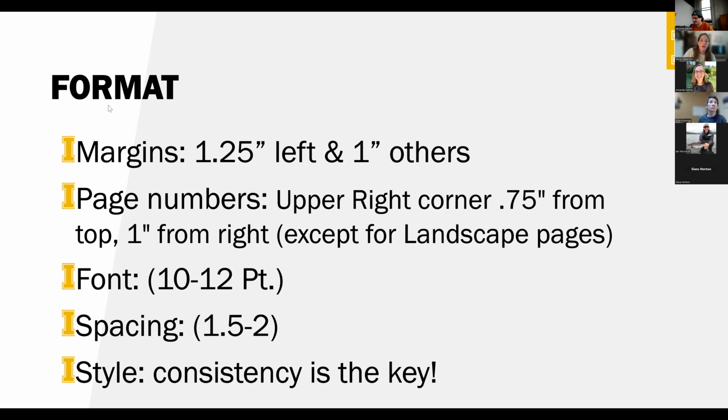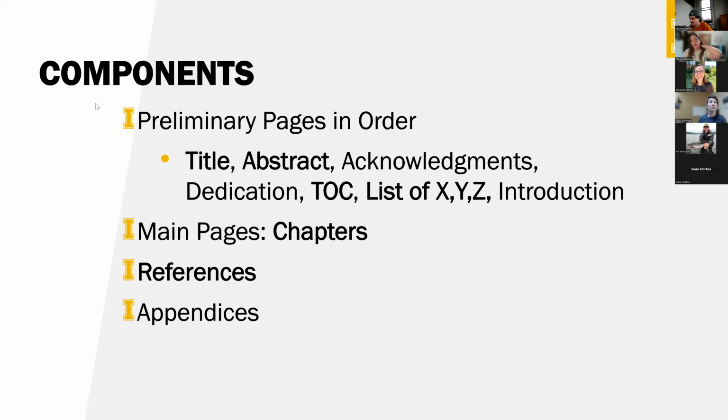So, okie dokie, moving on. The components of the paper: the bolded items in the list are the ones that are required. Pretty much everything else does appear in most papers, but they're not technically required.